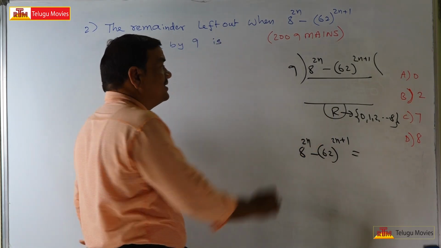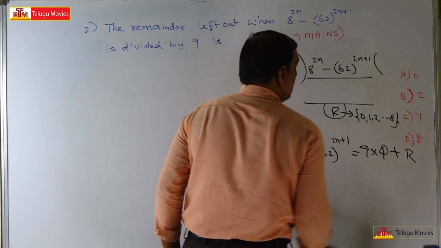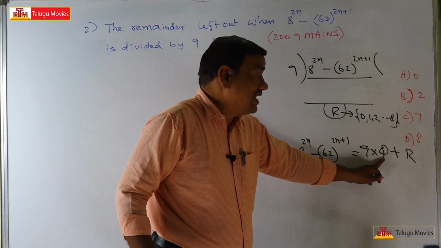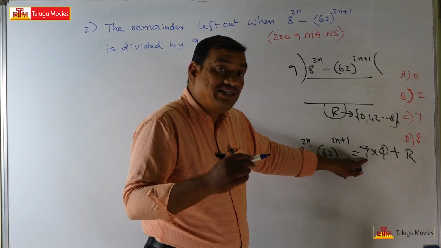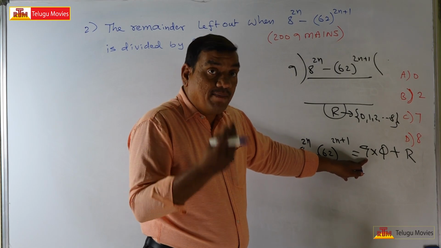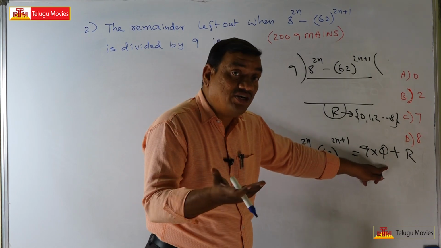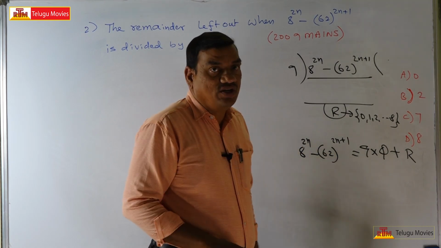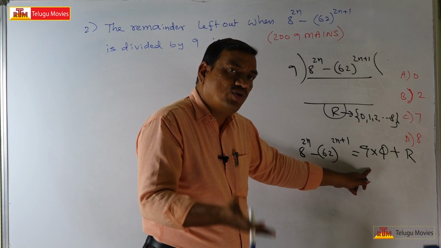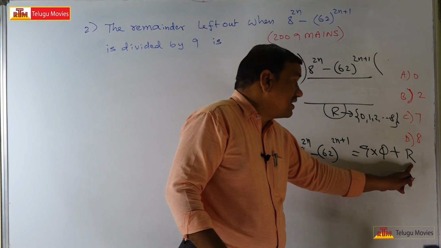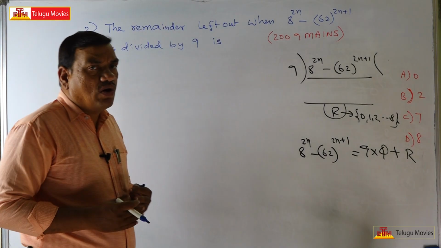Dividend should be written as divisor into some quotient plus remainder. That means 9 into some integer plus remainder. Whatever may be the given number, you have to express it as 9 into something or the multiples of 9 also. That means 9 into something or 18 into something or 27 into something or 36 into something also. That is also okay. Understand? 9 into or 18 into or 9 table plus remainder. But the remainder should lie between 0 to 8. So 0, 1, 2, 3 so on up to 8.